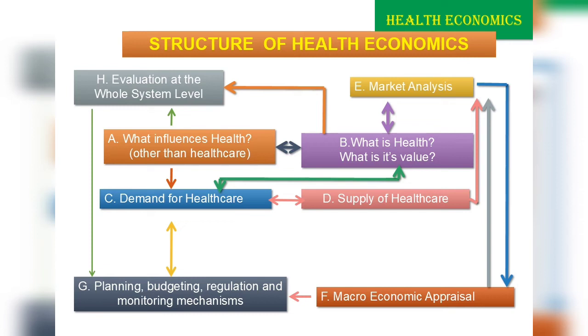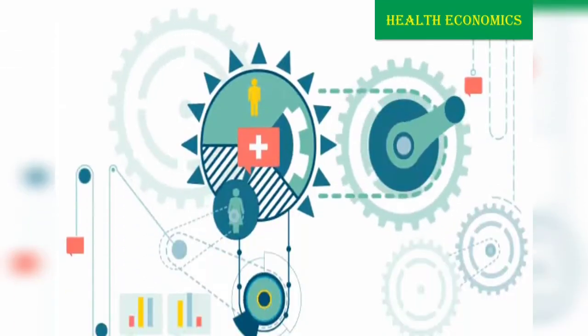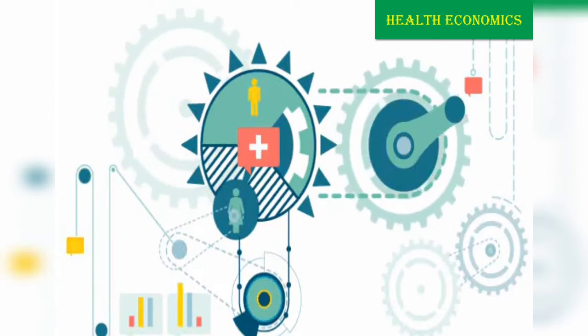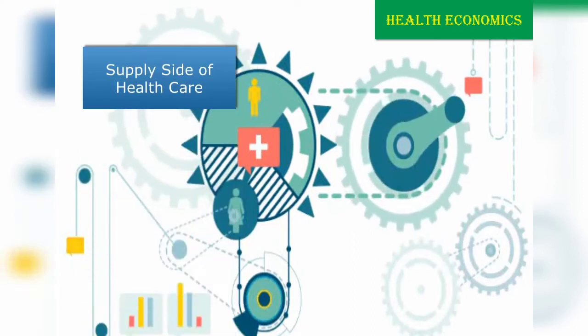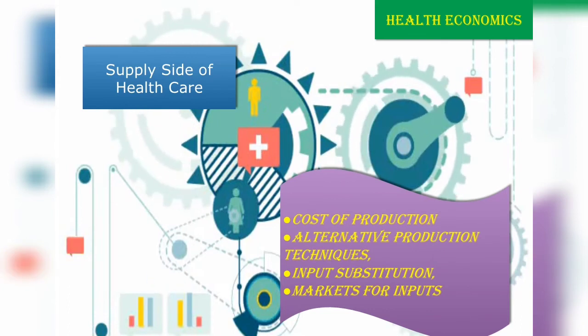On supply of healthcare, it deals with cost of production, alternative production techniques, inputs, and market for inputs. At the same time, the healthcare industry encompasses not only the more obvious healthcare organizations like hospitals, general practices, and the medical supply sectors, but also other public and private caring agencies.